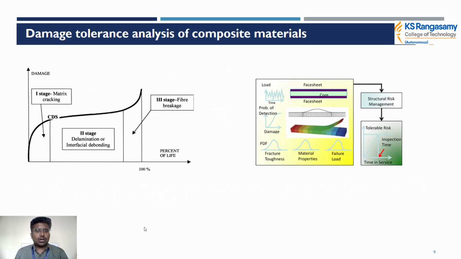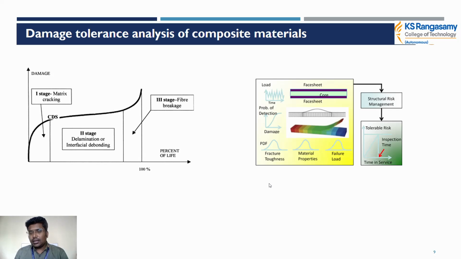Next one is damage tolerance. We can analyze the composite material. We use analysis to calculate the damage, and we can continuously apply load. The first is the curve from fracture toughness, material property, and failure load. These are all considered in the damage tolerance of composites.